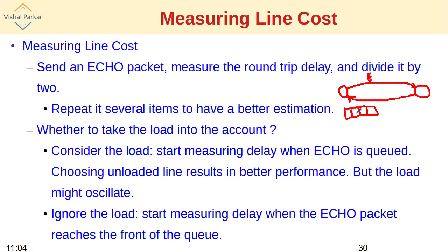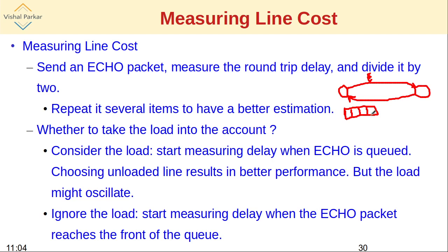So if there are multiple packets already present in the queue, it will take longer for the packet which is just inserted in the queue at the head. It will take longer to reach the end, because the previous packets have to be transmitted first. Then this packet can go to the end, and then it will be sent on the line.